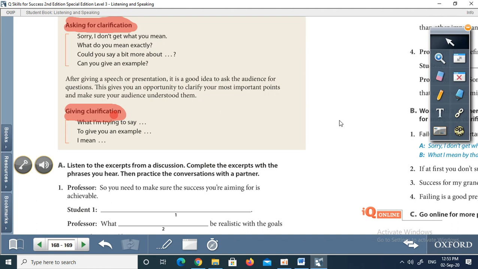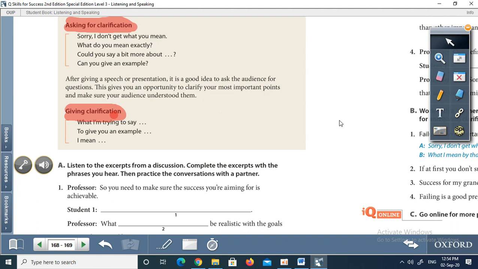Number 3, keep your desire for success in proportion. Do you think you could say a bit more about that? Yes, I mean, don't let your desire for success become greater than other important areas in your life. Number 4, our definition of success alters with age.